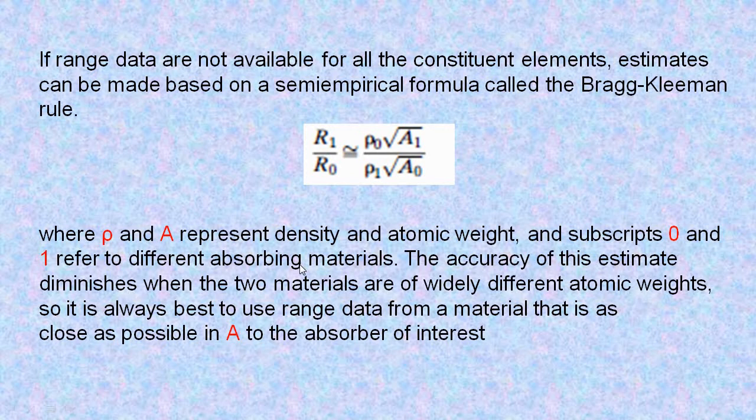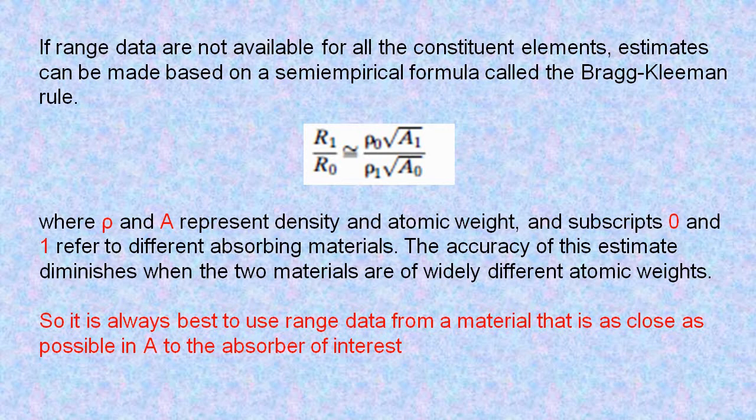But if you use a material with an atomic weight of, say, 100 or 20, that will not be accurate. So A1 and A0 must be almost in the same range. Then this will be a fairly good estimate.